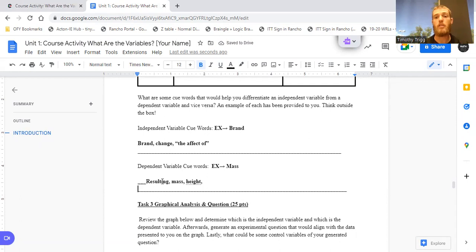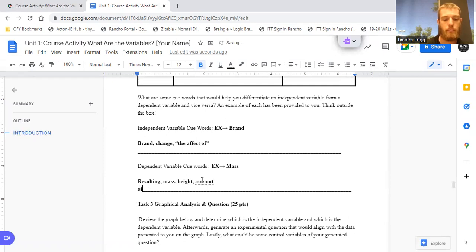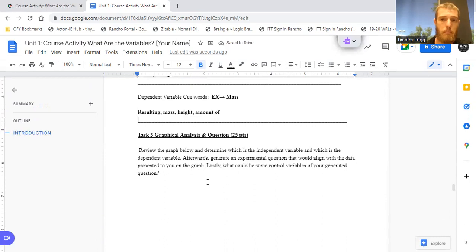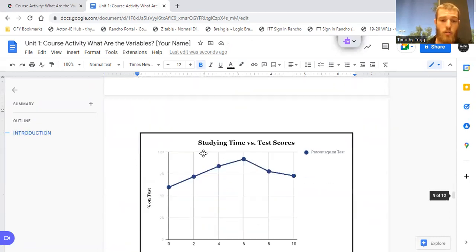Okay, so usually it'll say, oh, we want to see this, right? So we want to see a particular outcome or the resulting outcome, resulting height, mass, whatever. Okay. Or amount of. So if I see the term amount of, that's another indicator. All right, so now let's go ahead and move on to task 3.